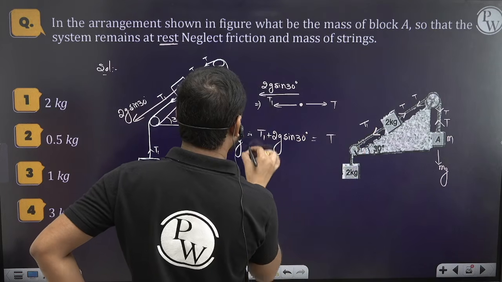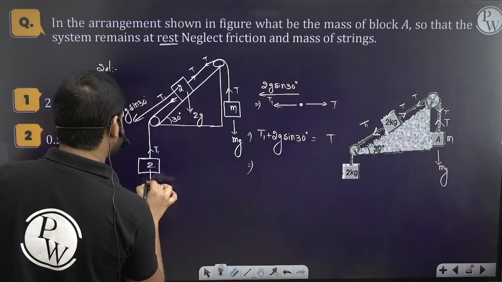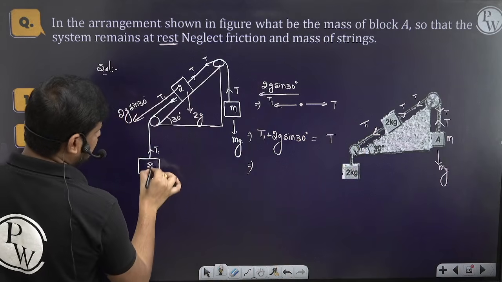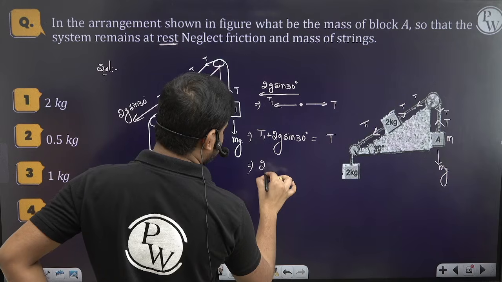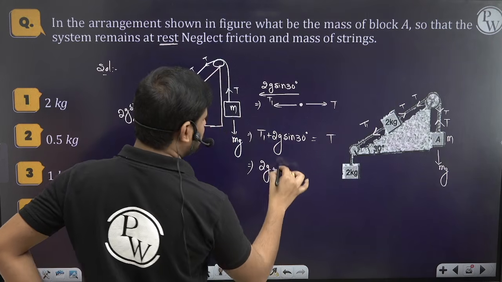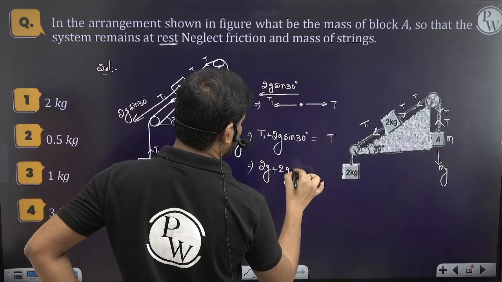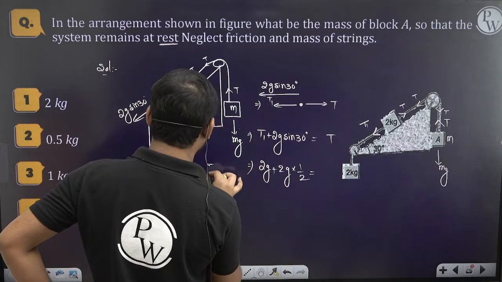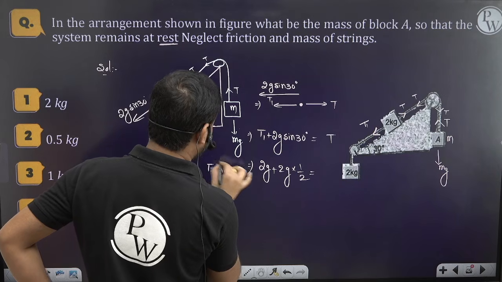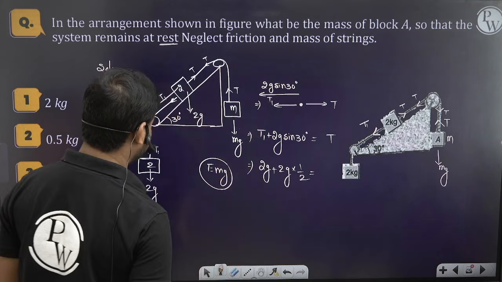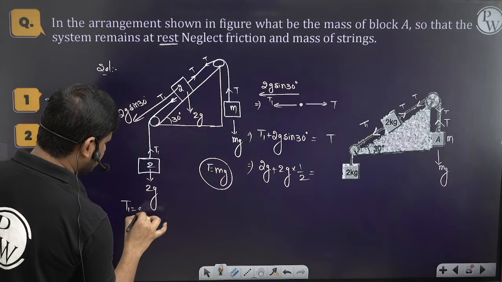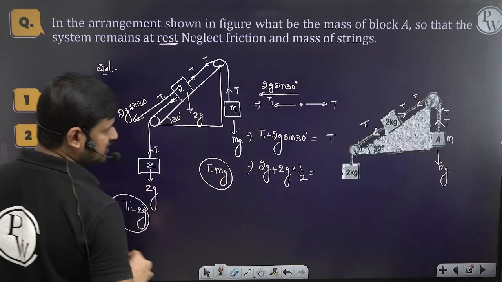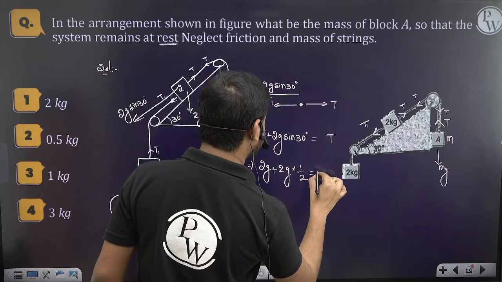Yes or no? So now I can say that T1 is equal to 2g plus... this one is what? 2g sin 30, half. So what is T? T is balanced by mg. See here, T is balanced by mg and T1 is balanced by 2g. Basic things, right? So in place of T I am writing mg.